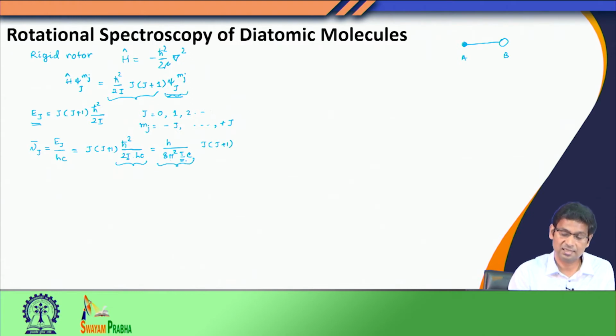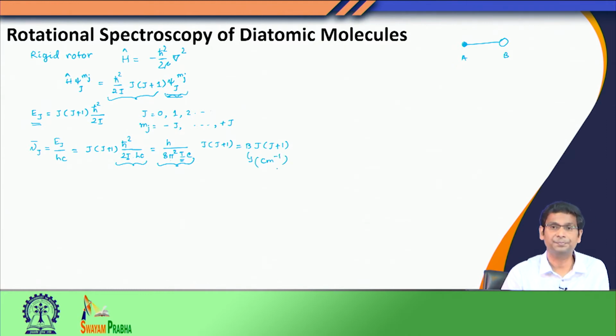For a particular system where the moment of inertia is known, this becomes a system specific constant. We call that constant B, or the rotational constant. The energy becomes B J into J plus 1, and both B and the wave number here are expressed in units of centimeter inverse. So, this is the energy level.